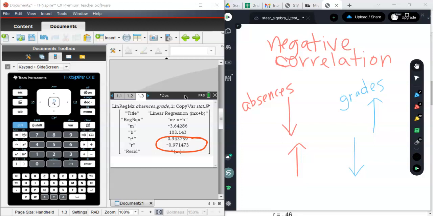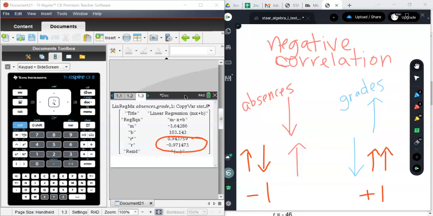A good way to tell on your correlations over here, -1 is a perfect negative correlation. That's where one's going up, one's coming down. +1 is a perfect positive correlation. If one is going up, the other is going up, or if one is going down, the other is going down.